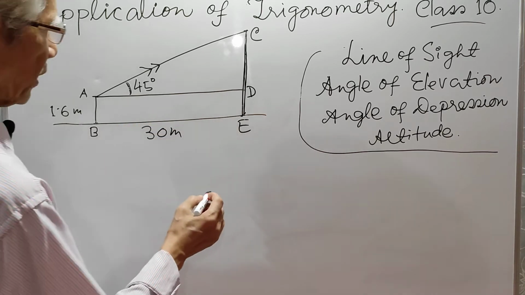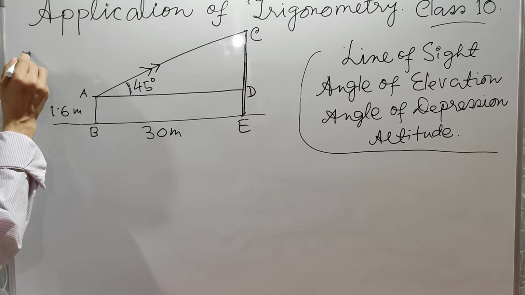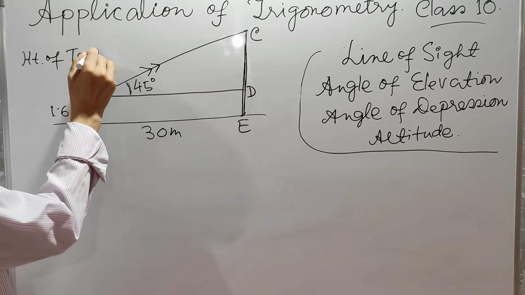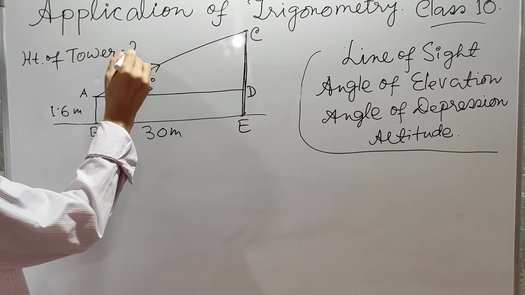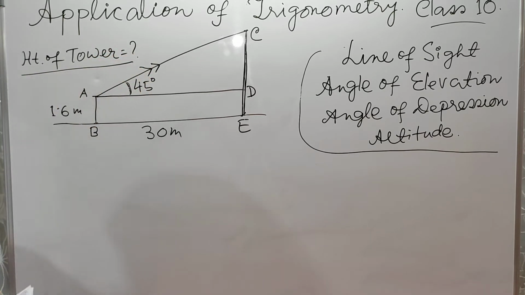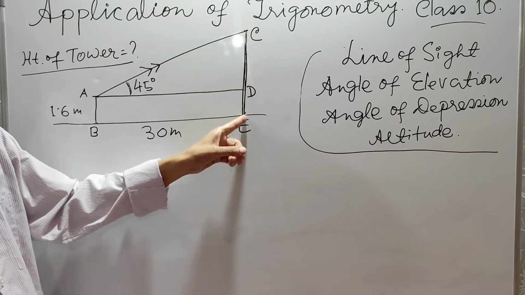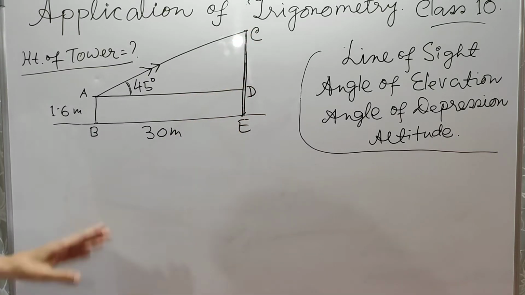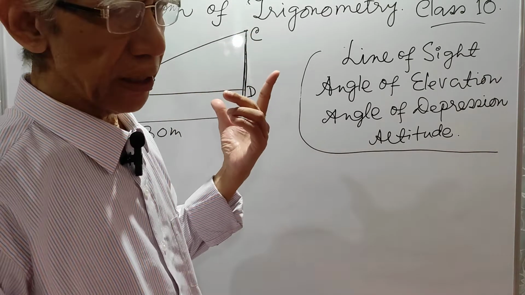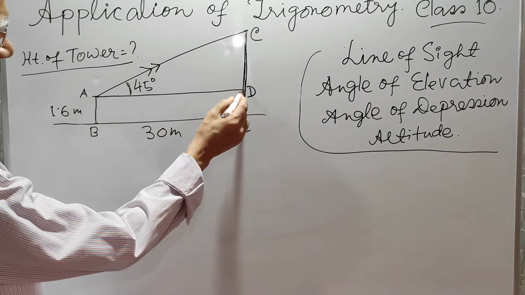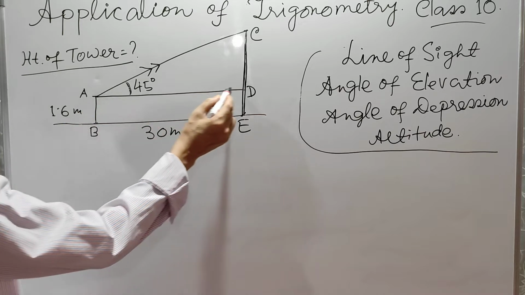So the question is to find the height of the tower. Height of the tower equal to what? That means you have to find CE. You have to find this height CE. All right. Now, if you draw the diagram correctly, you will see this is a rectangle ABED, or you can say ADEB.